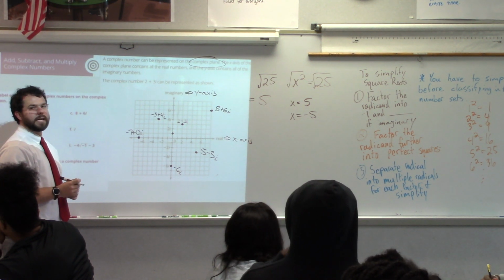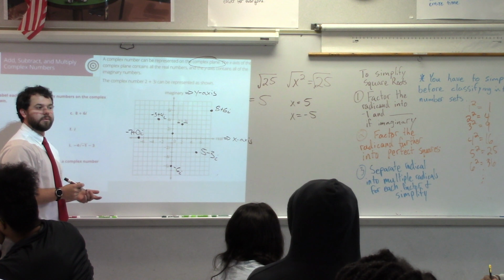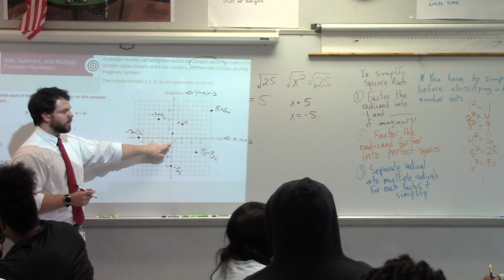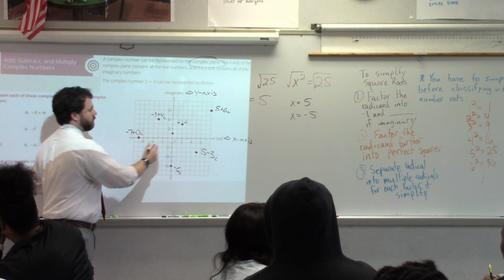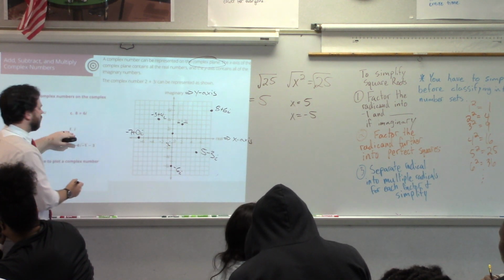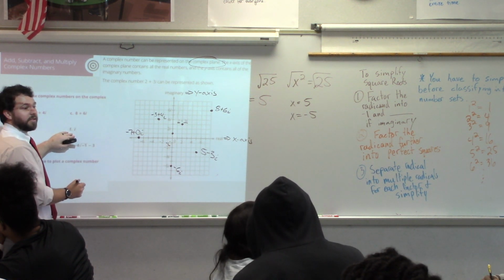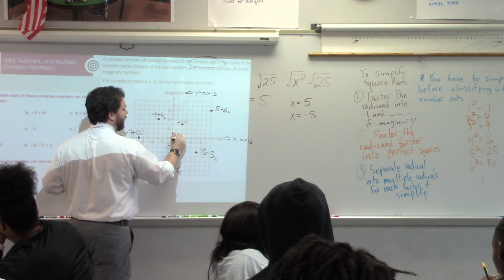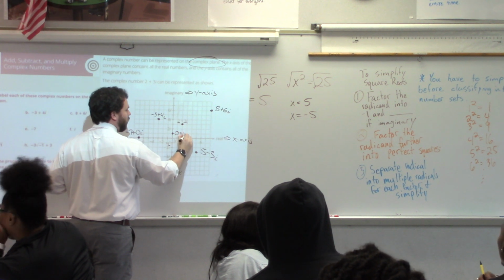Does i equal the square root of -1? But remember and note, this is positive i, this is negative i. Does this say negative i over here? That's a good thought, but it's positive. Notice you can also write it as 0 plus 1i.